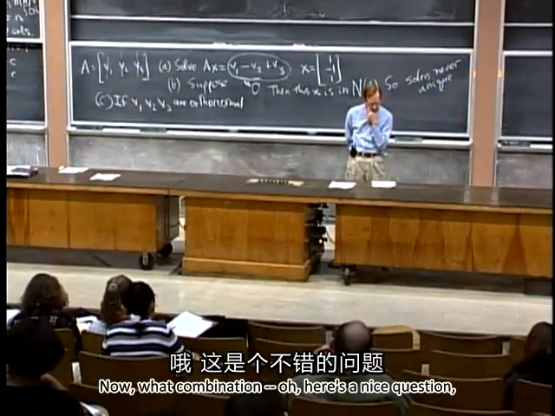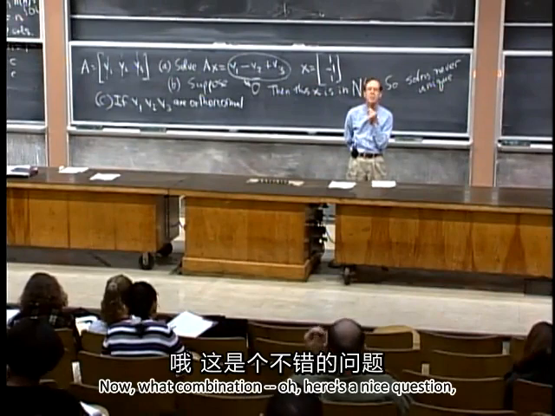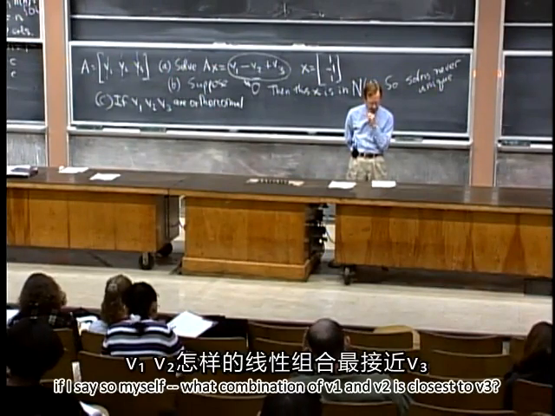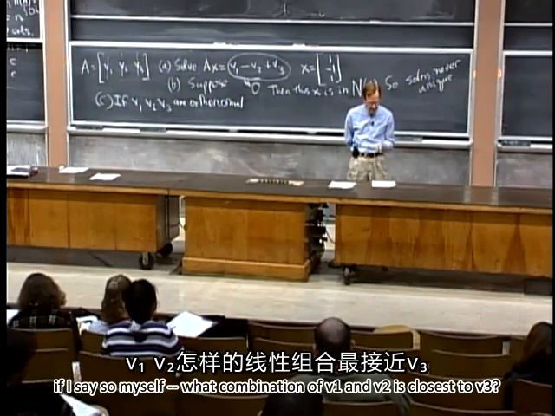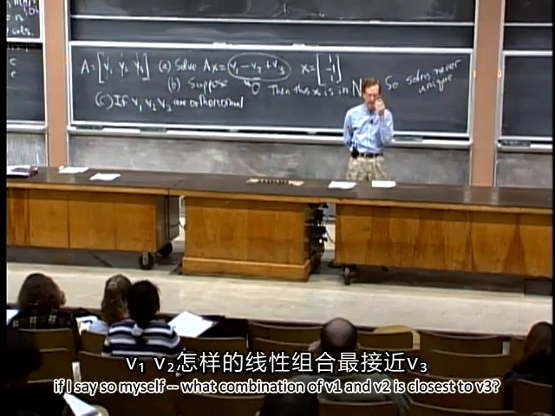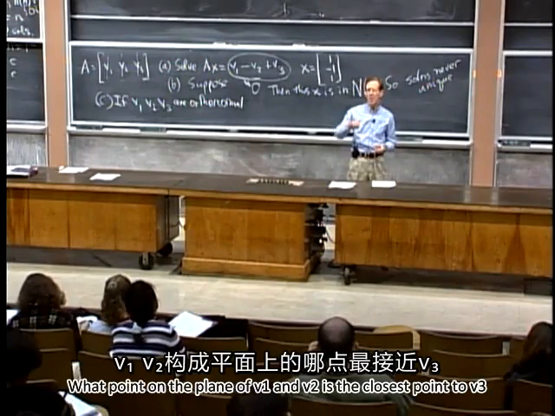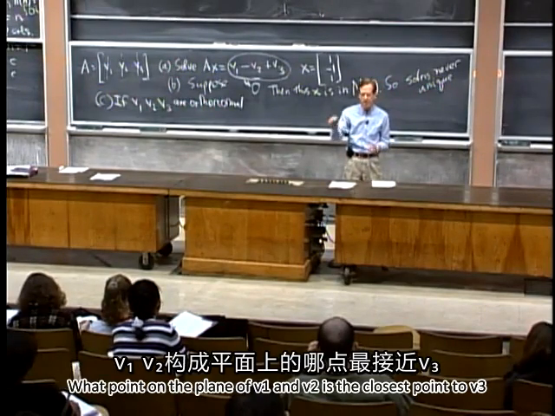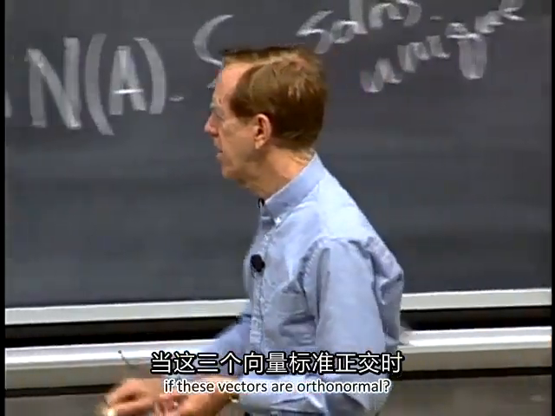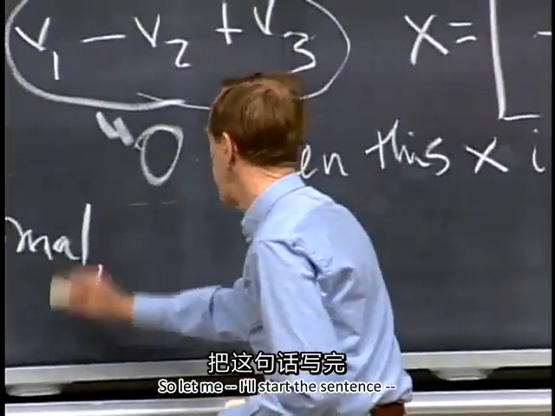Now, here's a nice question, if I say so myself. What combination of V1 and V2 is closest to V3? What point on the plane of V1 and V2 is the closest point to V3 if these vectors are orthonormal? So I'll start the sentence.